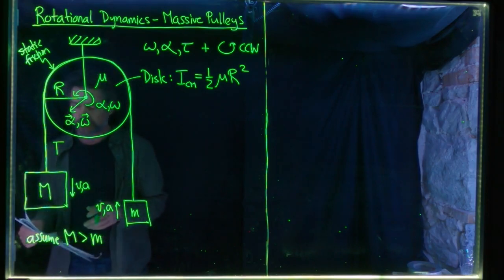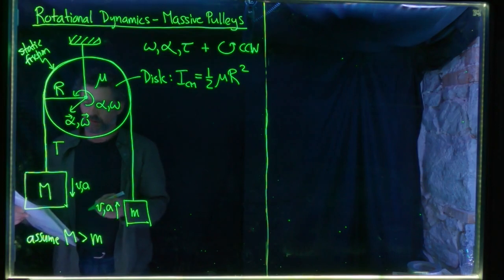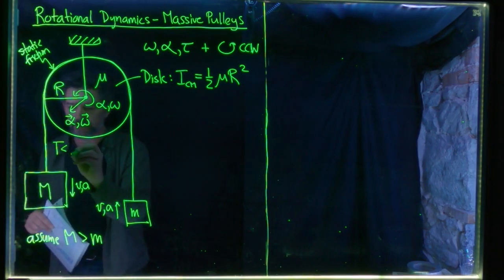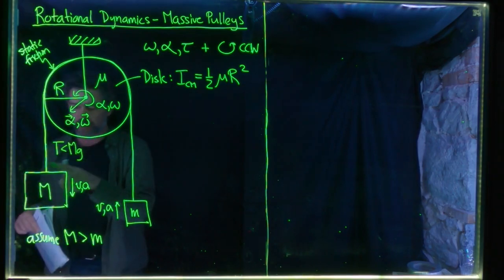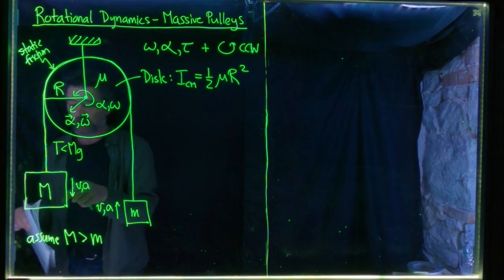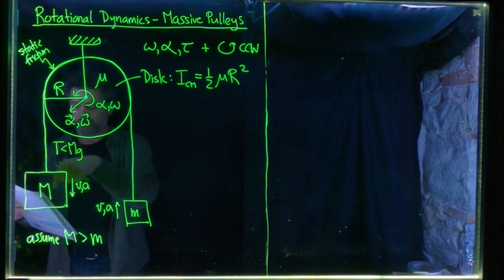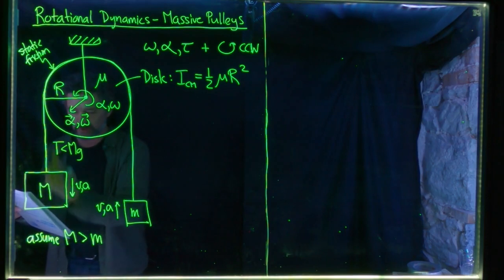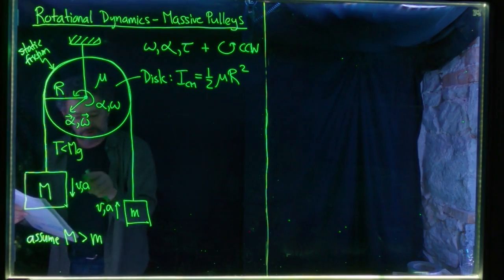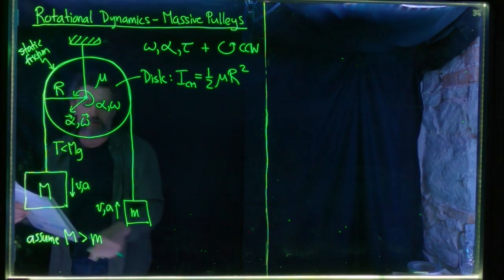And that tension T has to be less than the weight of the block, Mg, because the net force is a weight pulling down and a tension pulling up. So the tension upwards has to be less than the force of gravity downwards, so there's a net downward force causing that acceleration of big M downwards.